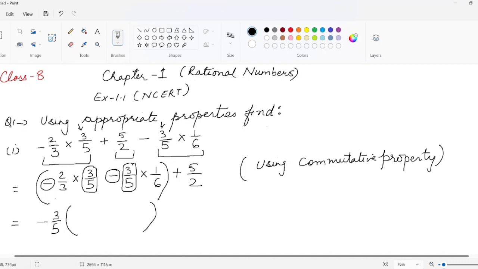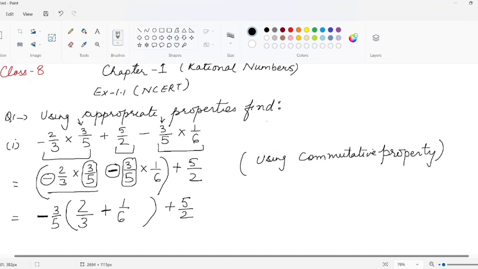Now what is left inside is, out of this number we are left with 2 by 3, and we have taken this minus outside. So we will write plus here, because minus minus will become plus. So whenever we are taking the minus sign out, we will write plus, and we are left with 1 by 6. After that we will write 5 by 2, which is already there. So this is the second step.